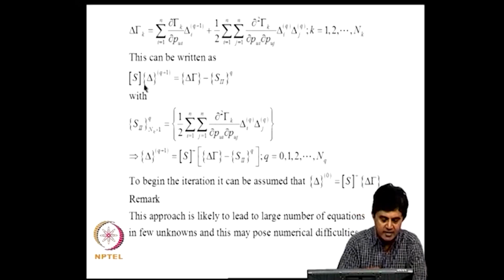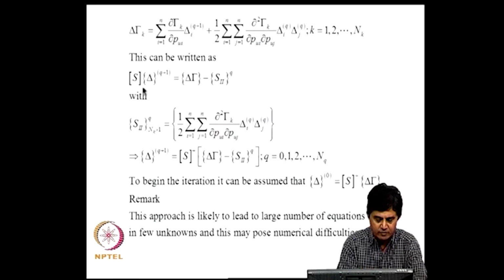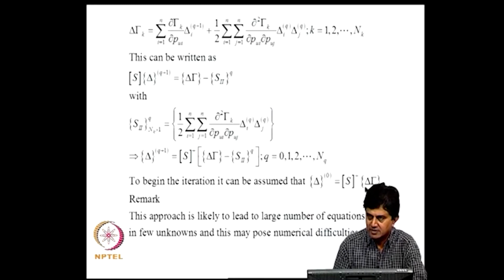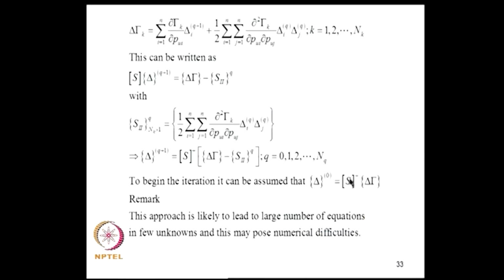We can write this in matrix form as S delta q plus 1 equals delta gamma minus S2 q, where S2 q is the second order gradients evaluated at the previous step of iteration. To start the iteration we can use a first order analysis, and then start the second order iteration.